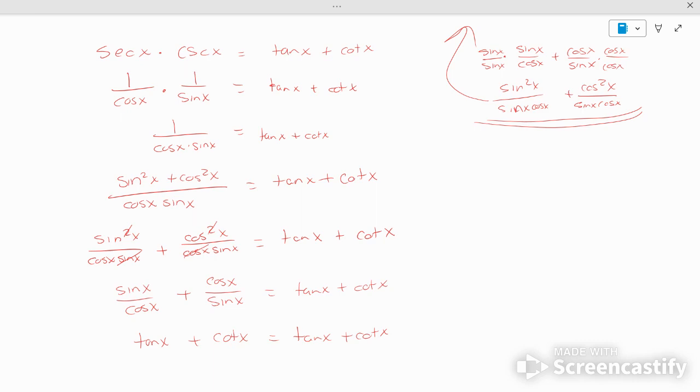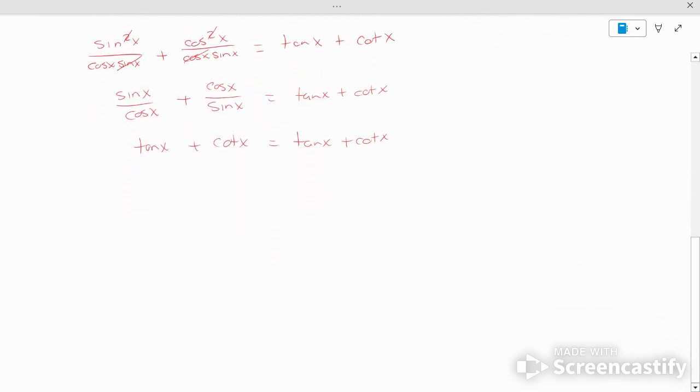Let's work with some fractions. Secant of x over tangent of x minus tangent of x over secant of x equals cotangent of x over secant of x.